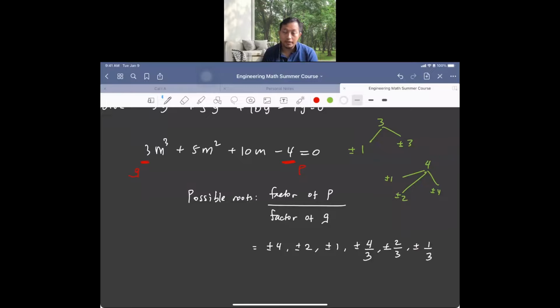Okay, so we have 6 possible values, and with positive and negative, it's 12 possible values, right?